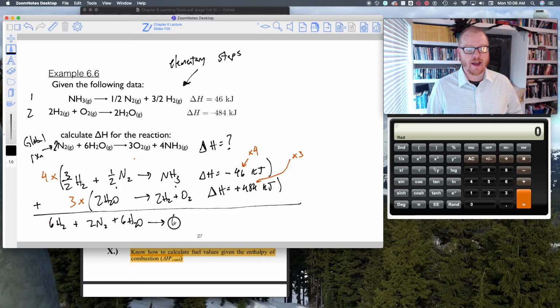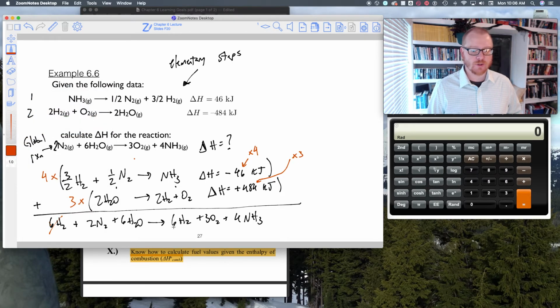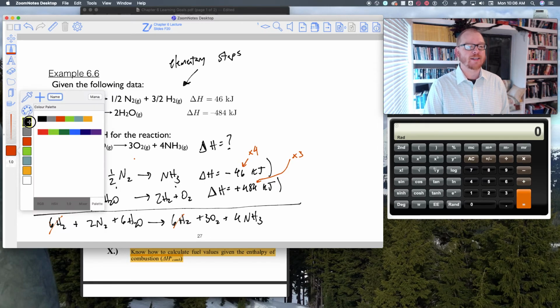And then look, now I've got 6 H2s plus 3 O2 plus 4 NH3. And I can see my hydrogens cancel. Okay, so great. So now I've got 2 nitrogen plus 6 H2O plus 3 oxygen plus 4 ammonia. So that gives me the correct answer.